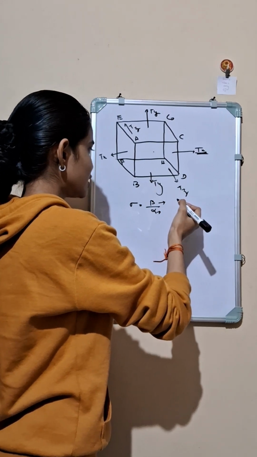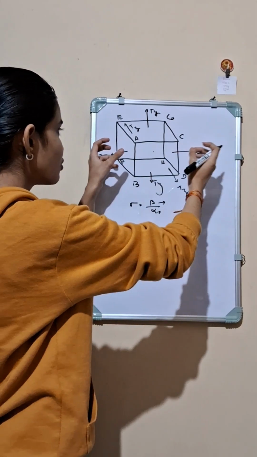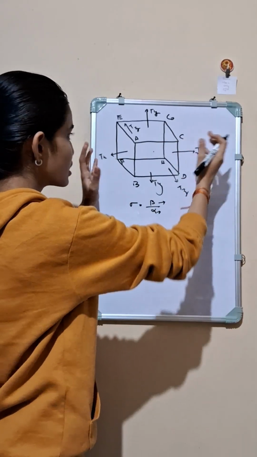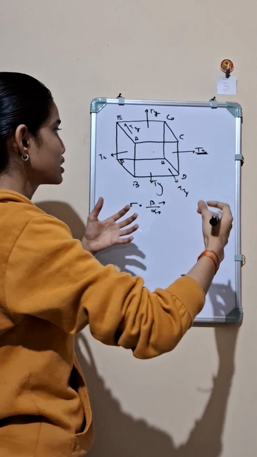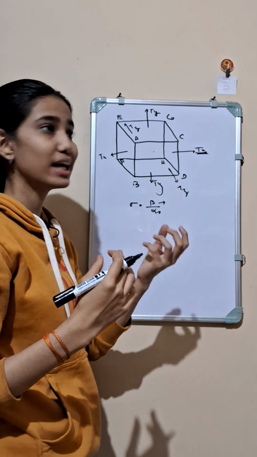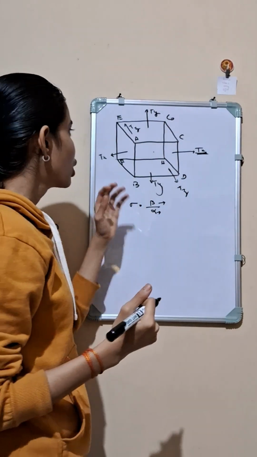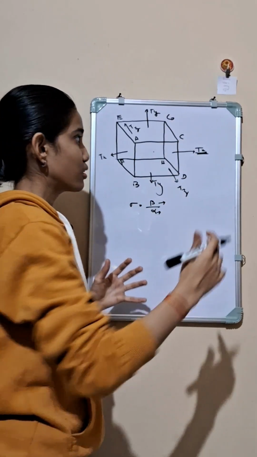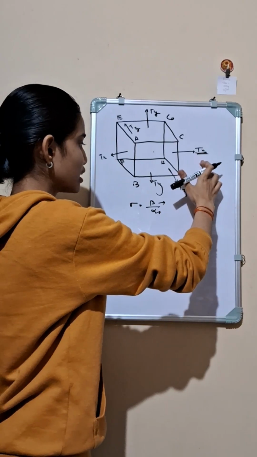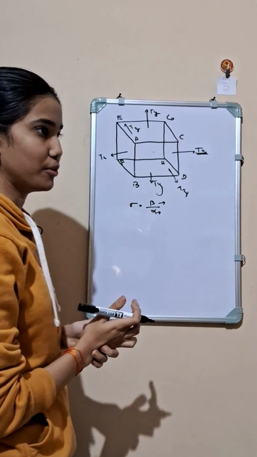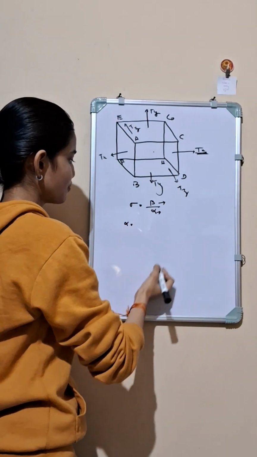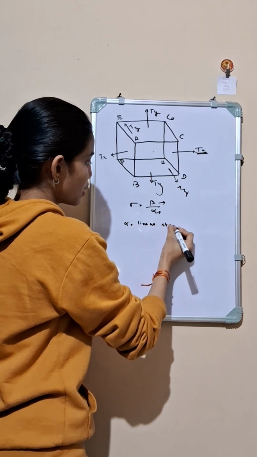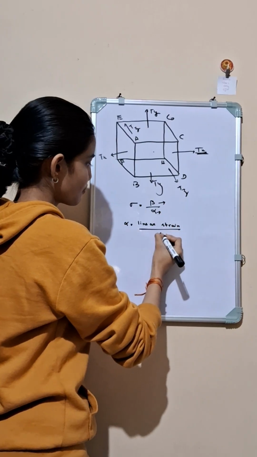So beta is lateral strain per unit stress, meaning if I am stretching this cube along x direction, this force will decrease the length along y and z direction, and for Tx, the increase in length due to Tx will be multiplied with alpha. Alpha is linear strain per unit stress.